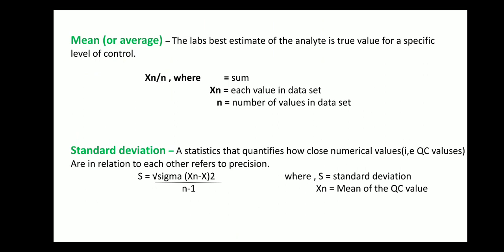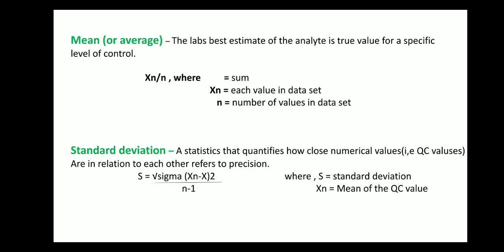So mean we can get by sigma xn by n. What is xn? Each value in the data set, divided by number of values. Similarly, suppose 10 values are there, we add the 10 values and divide by the number of values.